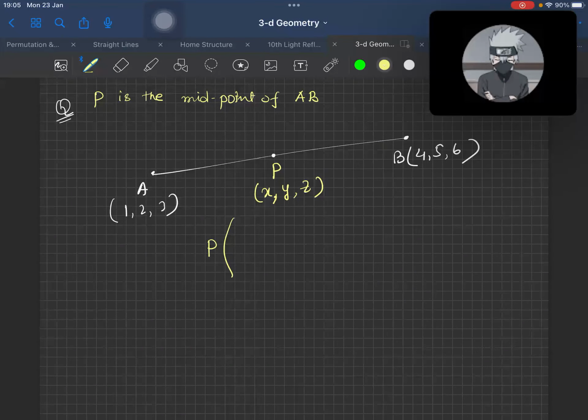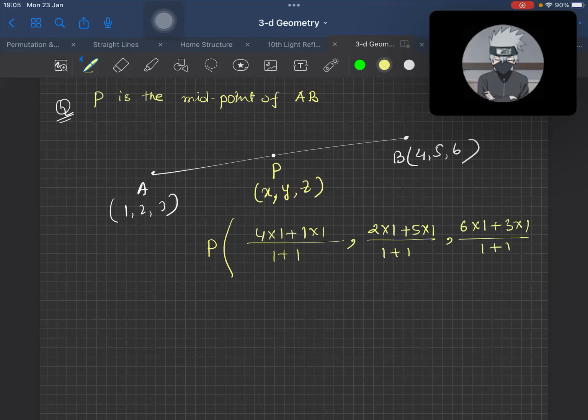So X will be 4 into 1 plus 1 into 1 divided by 1 plus 1. Similarly, 2 into 1 plus 5 into 1 upon 1 plus 1, and 6 into 1 plus 3 into 1 upon 1 plus 1. That's how we find it.